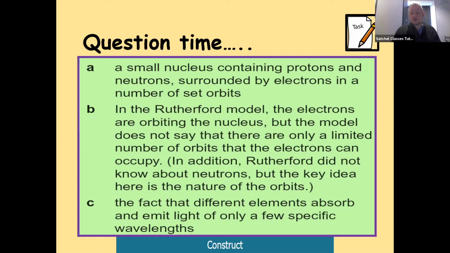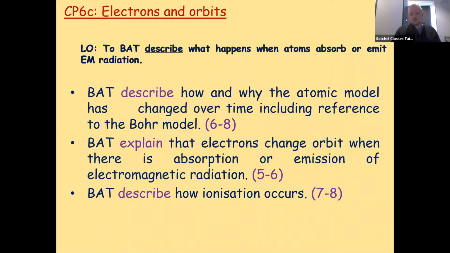Rutherford also didn't know about neutrons, but the key idea here is literally the nature of the orbits. Finally, Bohr was trying to explain the observations that different elements absorb and emit light of only a few specific wavelengths when he came up with this idea of electron energy levels. And that meets our second criteria, explain that electrons change in orbit when there's absorption or emission of electromagnetic radiation.